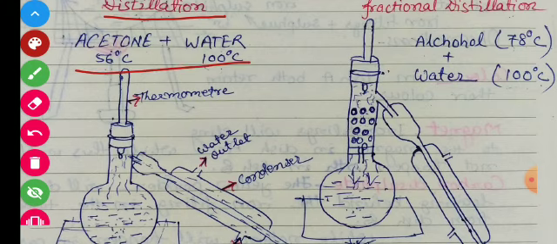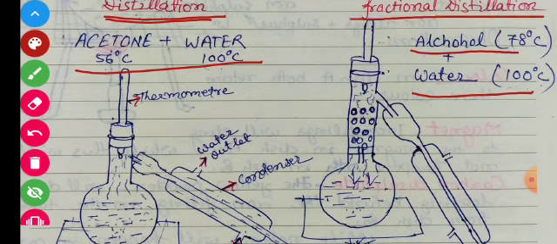In this case the distillation process will be observed, whereas in the case of alcohol and water, the boiling point of alcohol is 78 degrees Celsius and the boiling point of water again is 100 degrees Celsius. In this case the difference is 22, which means it is less than 25 degrees Celsius. So in this case we will have to apply the fractional distillation process.